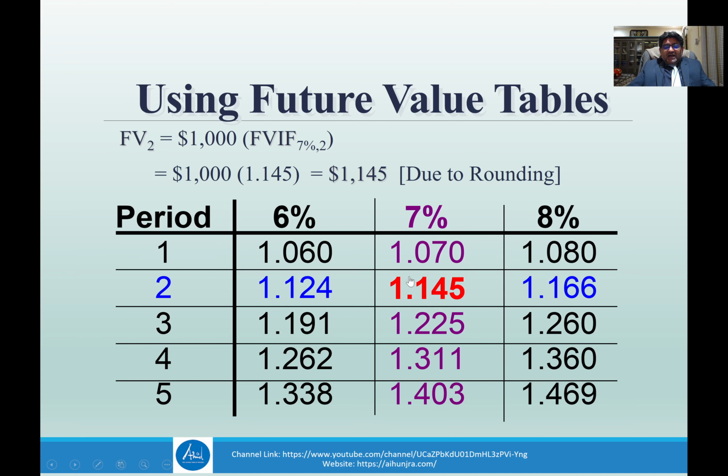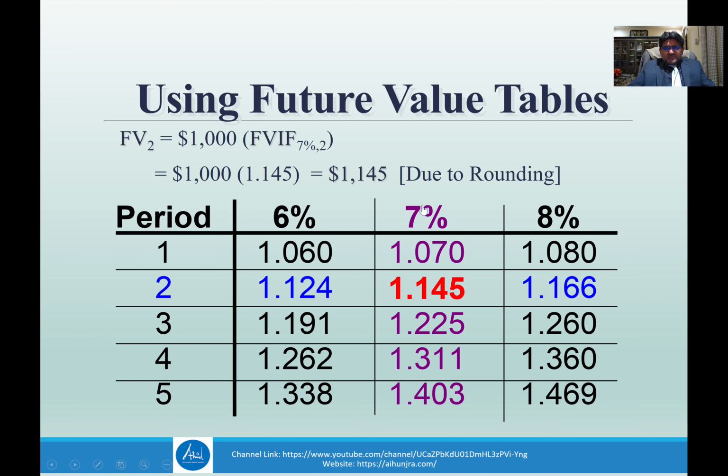I have already explained: the larger the time period, the more will be the compounding value or future value interest factor. The higher the interest rate, the more will be the interest factor value. This future value interest factor will be more.